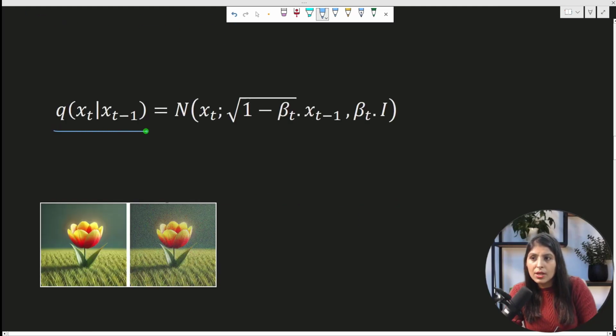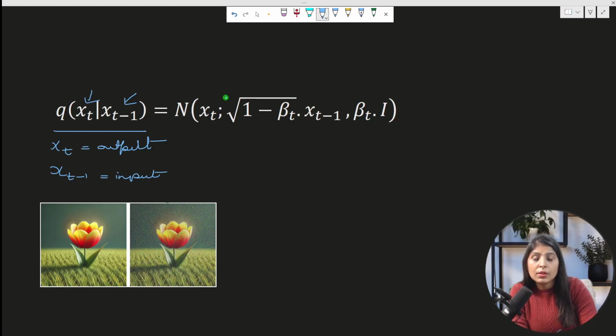Xt is the output of this function and xt minus 1 is the input to this function. We provide xt minus 1 to the forward diffusion process, and it gives us xt. How?